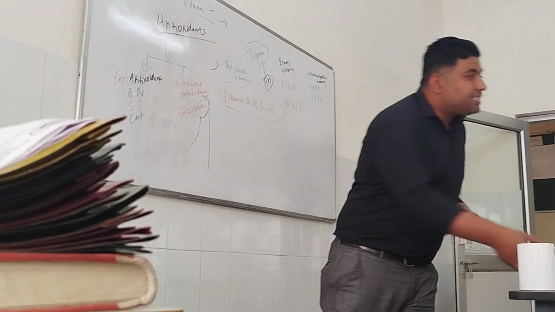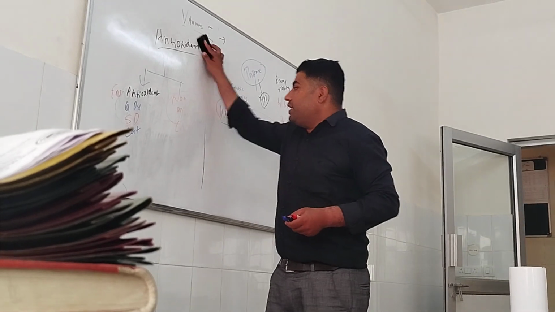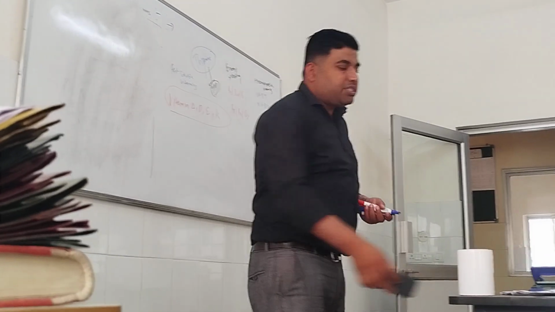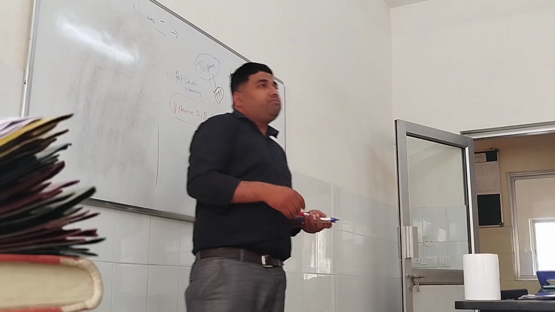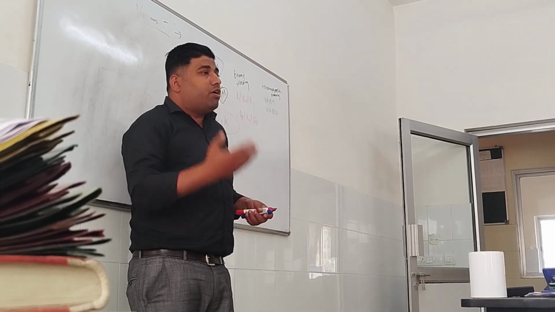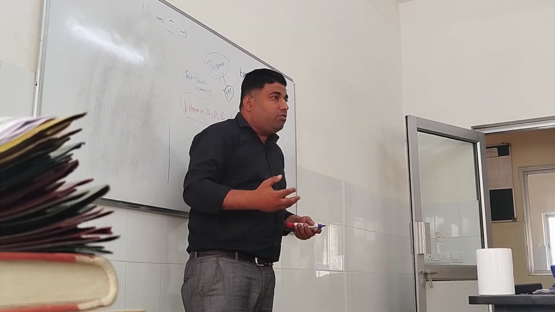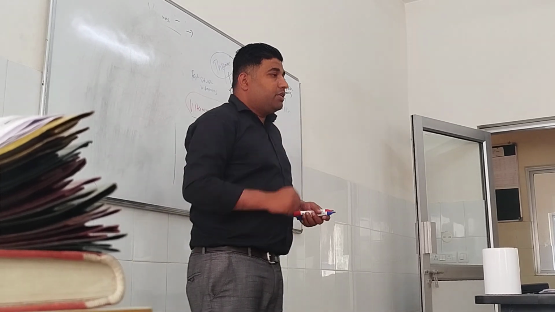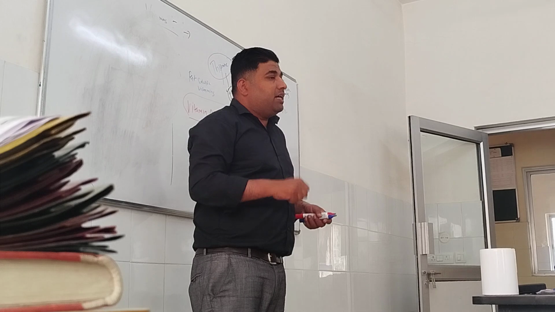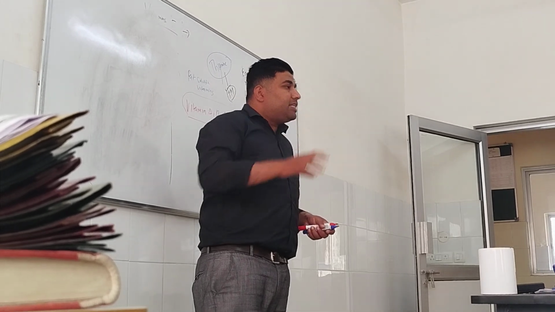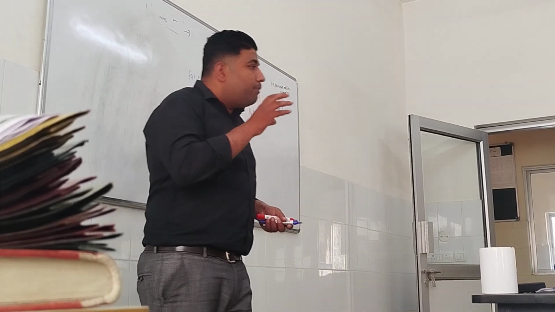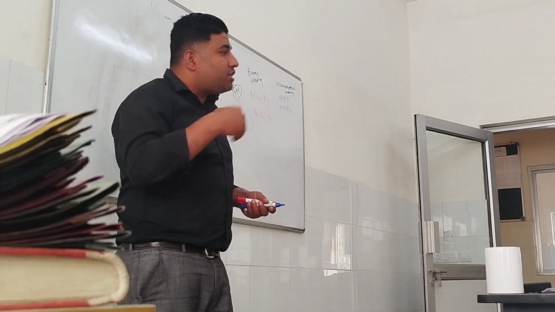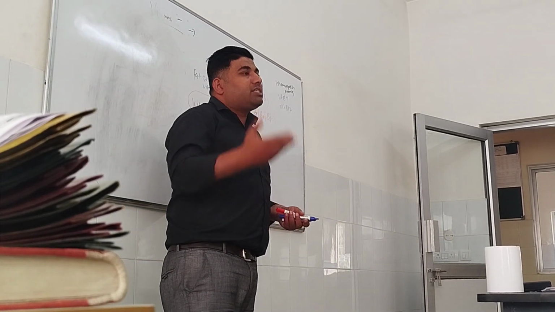Now see, the calcium in our body, which is a divalent cation, is distributed across our body. 99% of the calcium is deposited in the bone. The remaining 1% is distributed extracellularly and intracellularly.